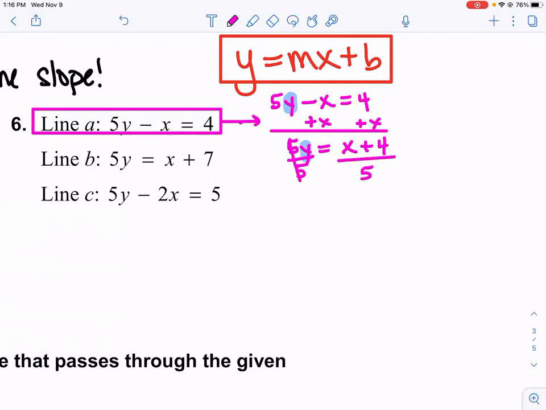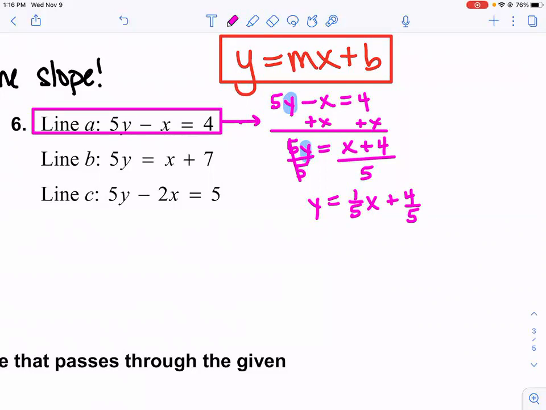Okay. So I don't want you to write it as x plus 4 over 5. Say, what's x divided by 5? 1/5 x plus 4 divided by 5, which is 4/5.